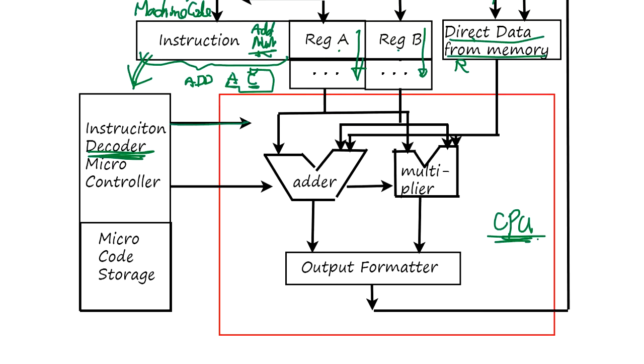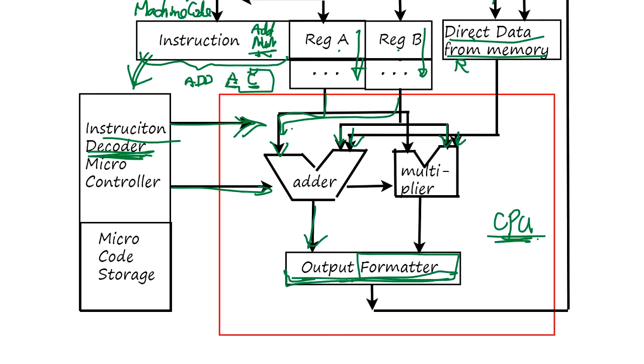This controls which path to open, and which one to take. The instruction decoder does this traffic control. Then after the add, multiply, or whatever operation is done, the result goes to the output register, in whatever format is necessary.